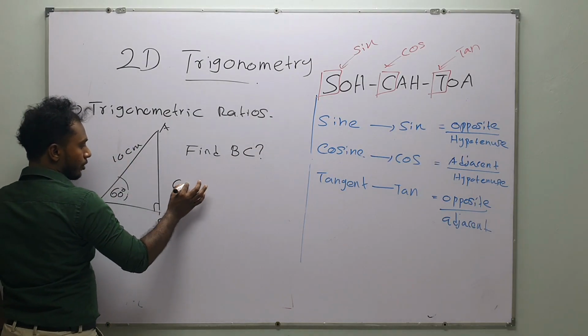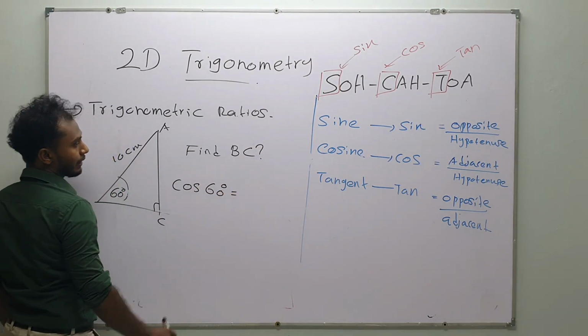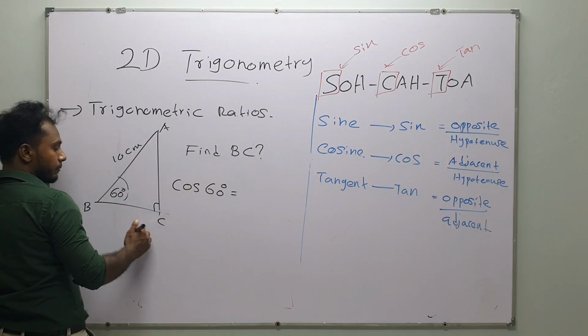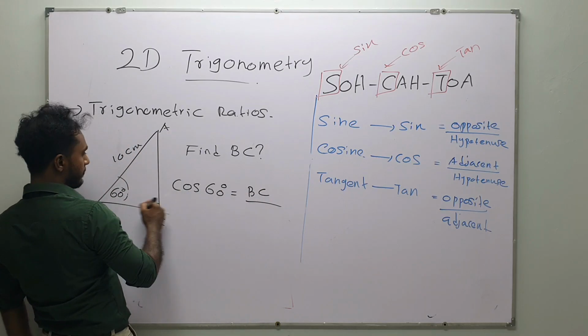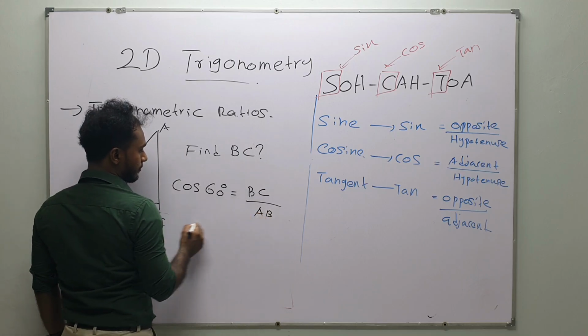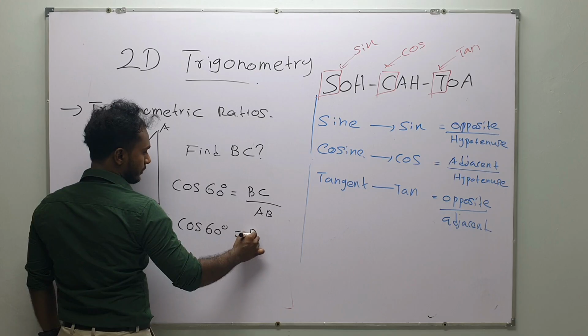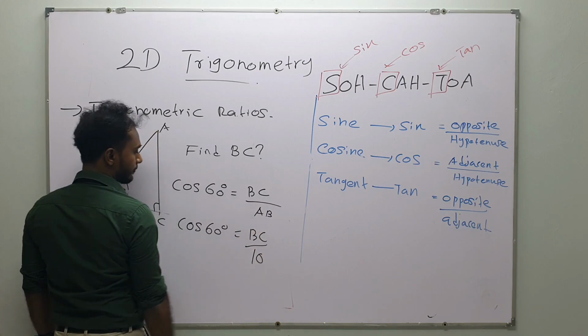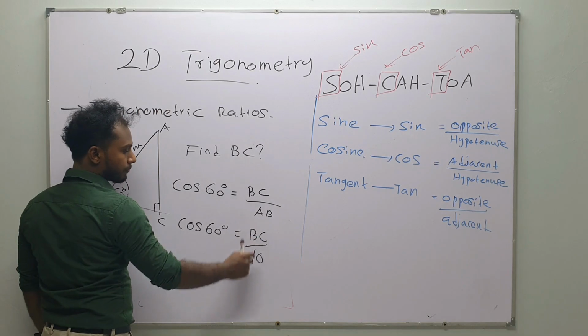So I can write cos 60 equals what? Adjacent. What is adjacent? BC over hypotenuse, which is AB. Then I will again write cos 60 equals, we need the BC, AB value is 10. Okay, we'll make BC the subject.